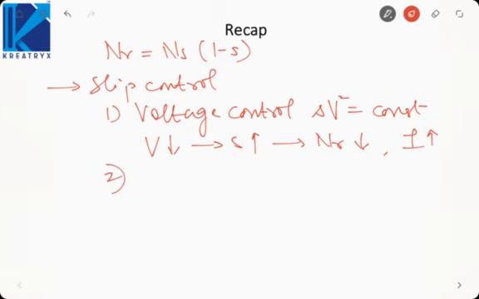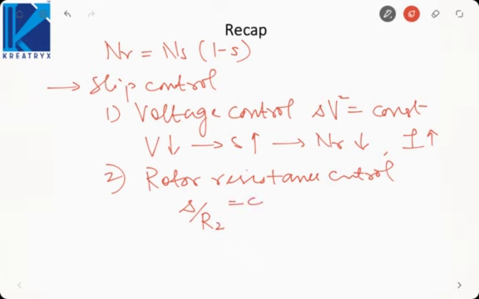Next method we saw rotor resistance control. In this we said S by R2 is constant, so S is proportional to R2.